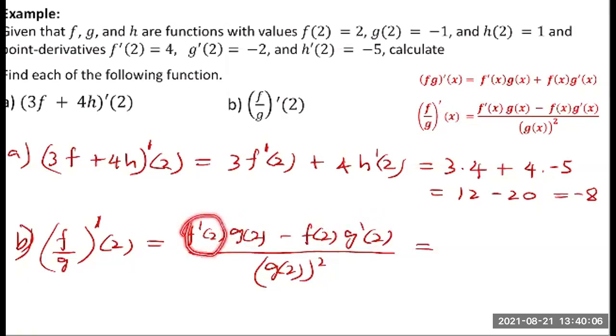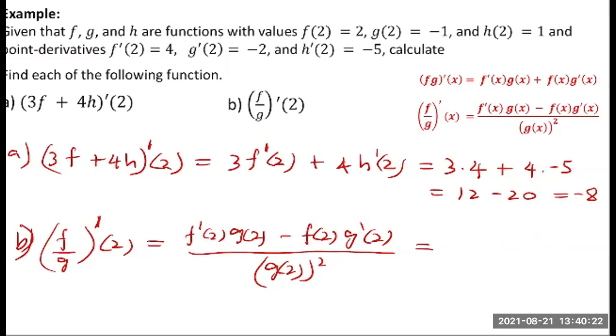f prime of 2 is 4 times g of 2 is 2 minus f of 2. f of 2 is 2. Pardon me, g of 2 is not 2.